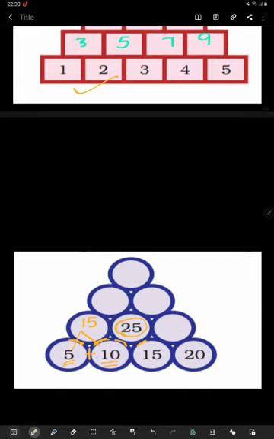So the old pattern was you have to add 2 blocks. Okay, so now 10 plus 15, what you will get? 25. Now here also you will add 20 plus 15, what you will get? You will get 35. Yes, your answer is correct.